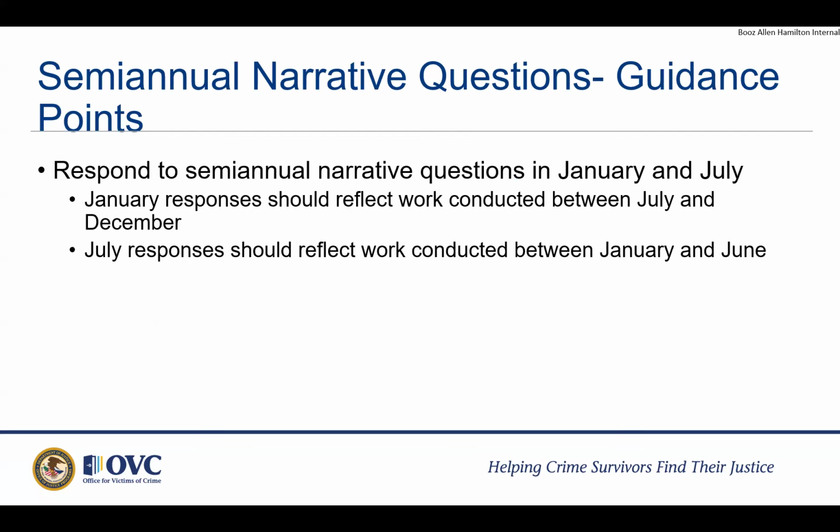Respond to those questions in January and July, as I mentioned, and they'll cover the previous 6 months of your grant activity. So in July, anything you include in this response should reflect work conducted from January to June. And then in January, you'll include any progress or challenges that occurred from July to December.